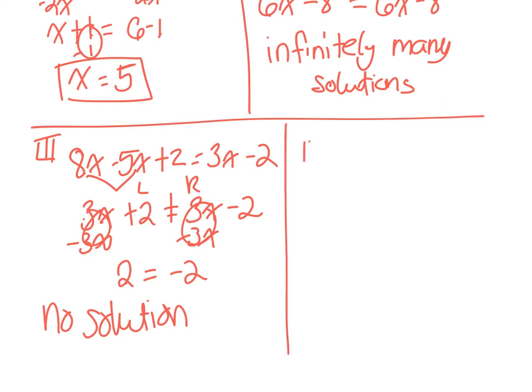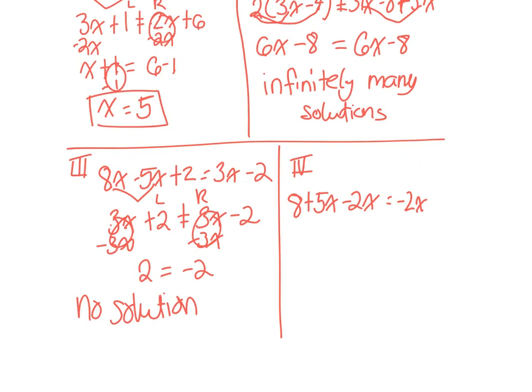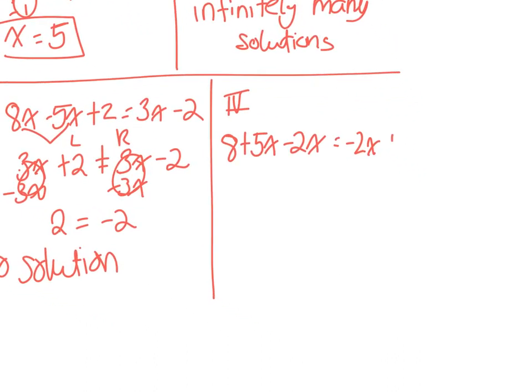Going to look at equation number 4. 8 plus 5x minus 2x equals negative 2x plus 5x plus 8. Bring down my 8. 5x minus 2x gives me 3x.